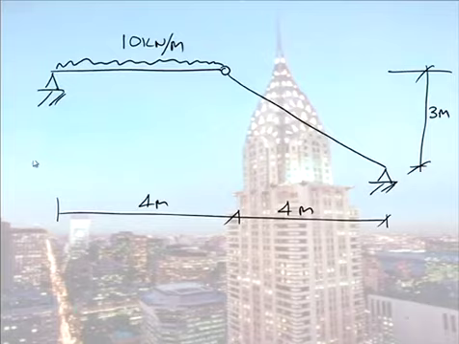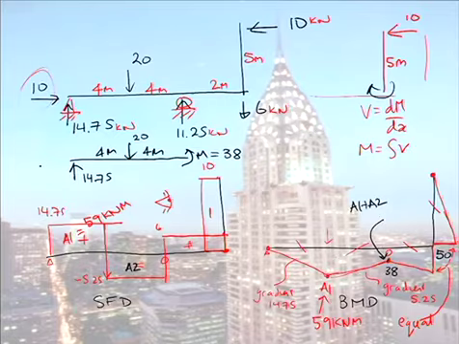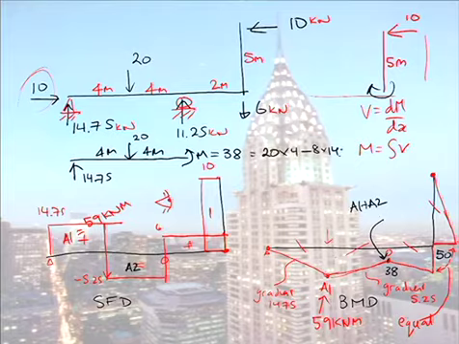People are asking me how I got 38 kilonewton in here. Hopefully that's 20 times 4, take away 8 times 14.75. Are you saying that doesn't add up to 38?